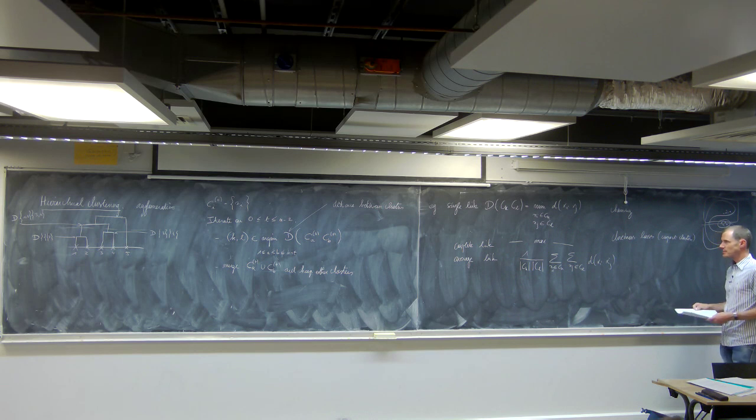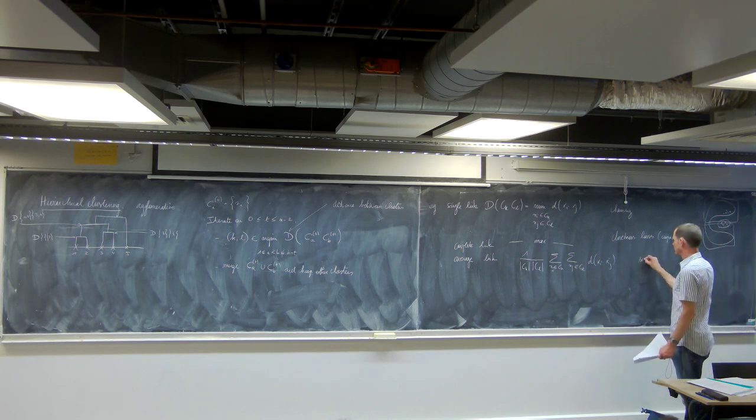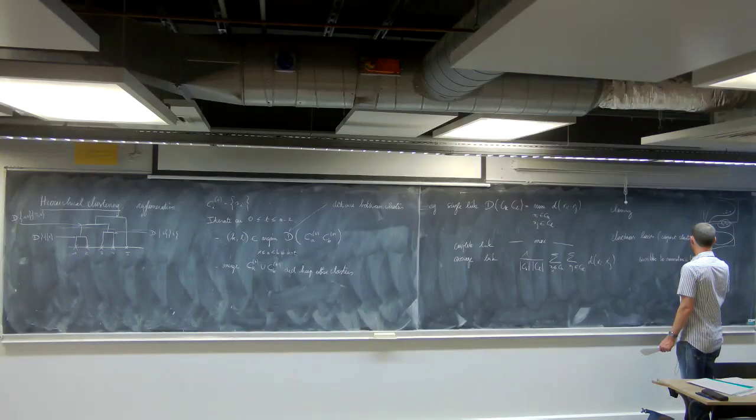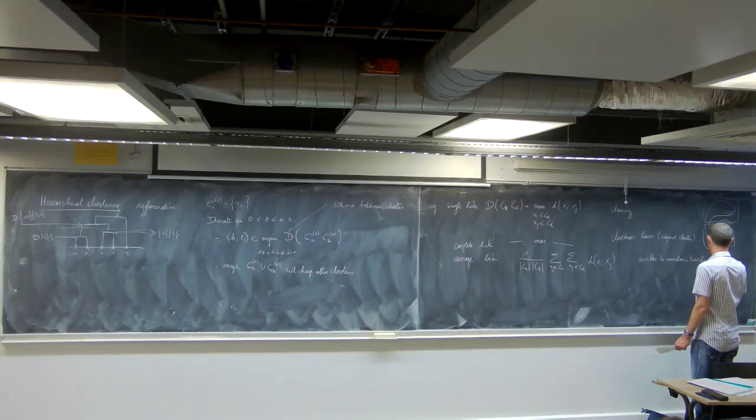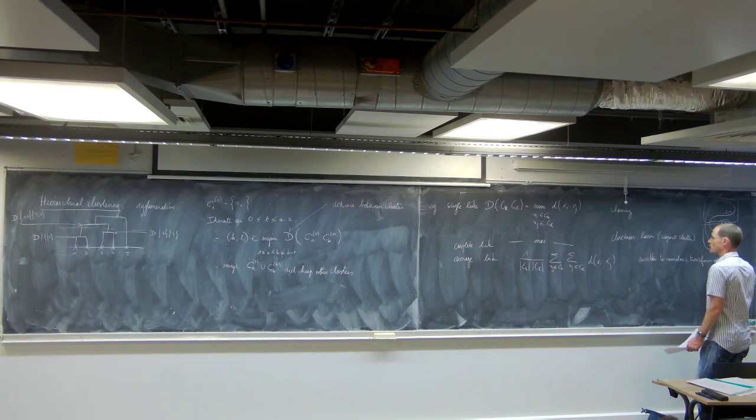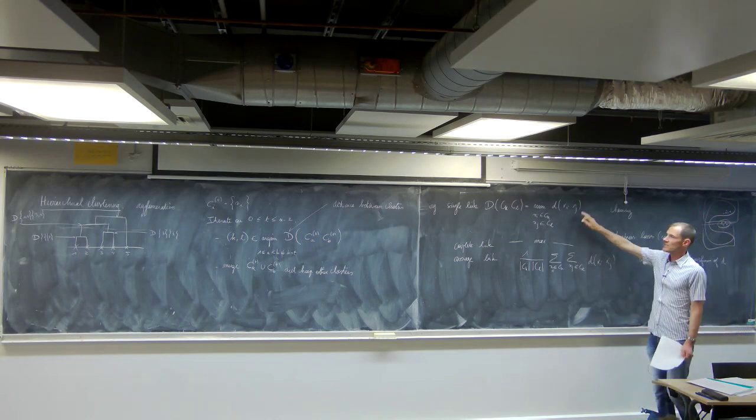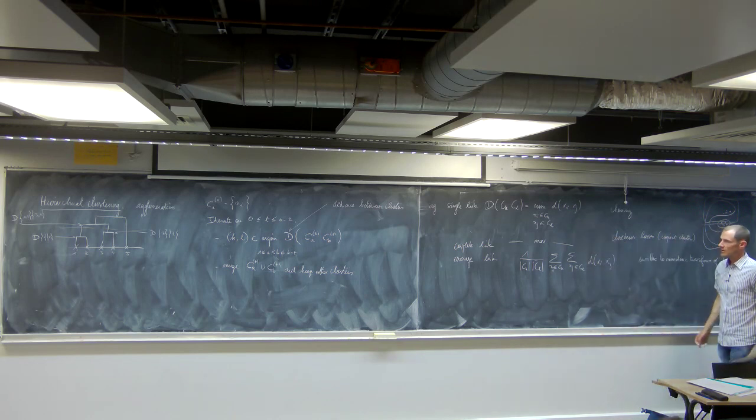One thing is that this one will be sensitive to monotonic transforms of d. For the first one, with d squared, any kind of increasing function of d doesn't change anything. Here, if you change the metric, it will have an impact on the clusters that you get.